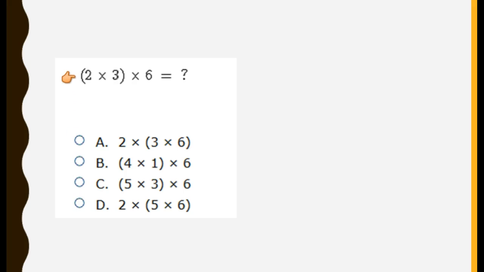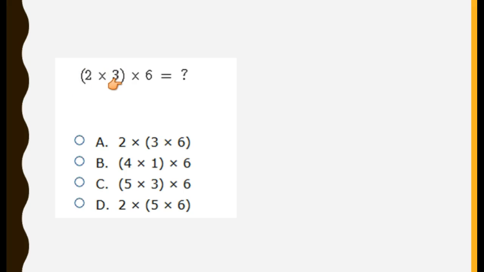So which one down below do you think would equal this? Well, the correct answer would be A, because these are the same digits, the same signage. The only thing that they've done differently is change the grouping.